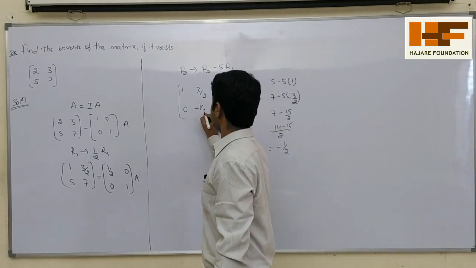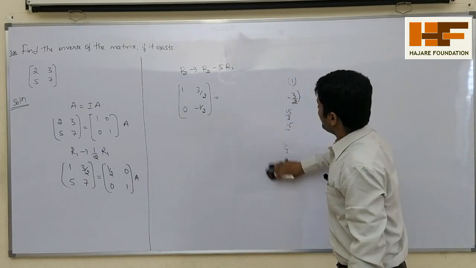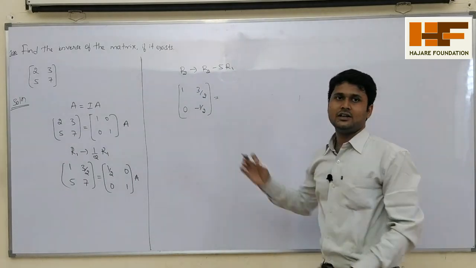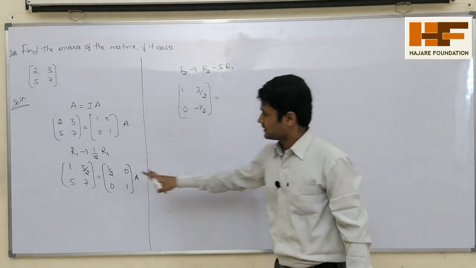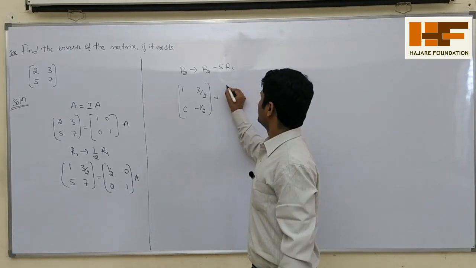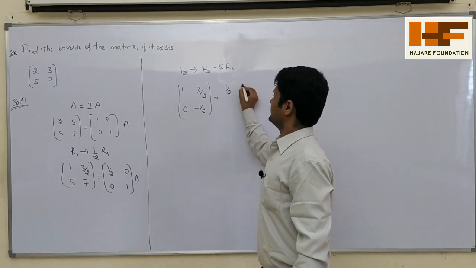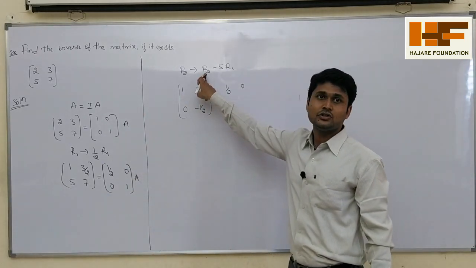Whatever operation we have done on the LHS side, the same operation we have to do on the RHS side. Yes, consider the first row, write the first row as it is, 1 by 2, 0. Consider your second row. What does the second row change to?